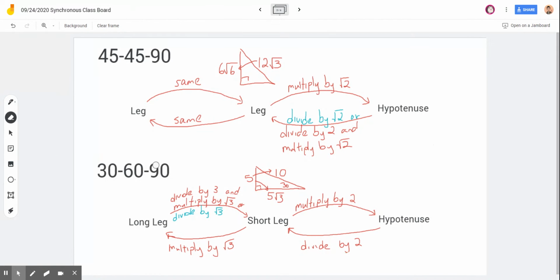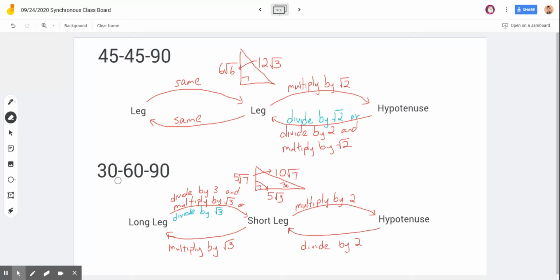What if instead of just a whole number short leg, you were given something that has other square roots in it, that looks a little bit more complicated, like let's say 5 root 7. Well, to get to the hypotenuse, I still just multiply by 2. So 5 times 2 gives me 10, and the root 7 stays in the square root.